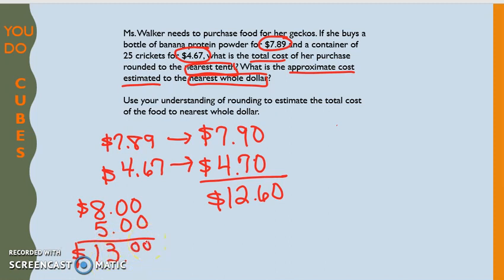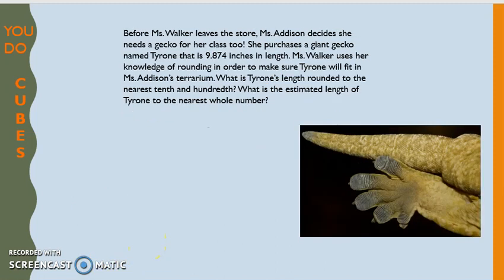Let's go ahead and do another you-do problem. Go ahead and pause the video after reading the question, and we'll come back and check our answer. Okay, let's see if we've got this. First we were supposed to round Tyrone's length to the nearest tenth, and we should have come up with 9.9 inches.